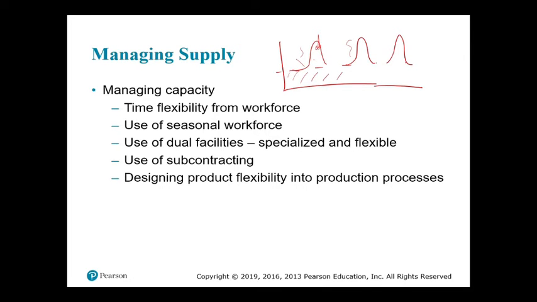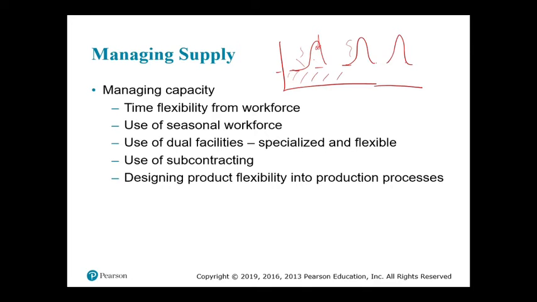And then the production lines can also be designed to accommodate product flexibility. So one is a production line configuration that can accommodate different numbers of workers on the line.